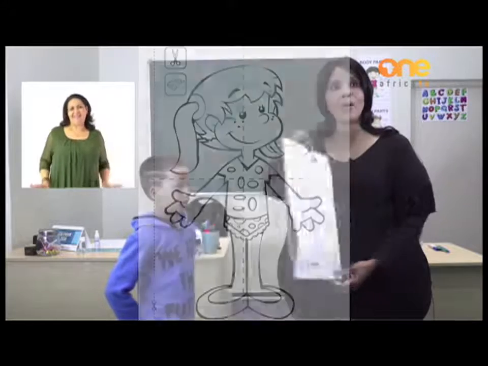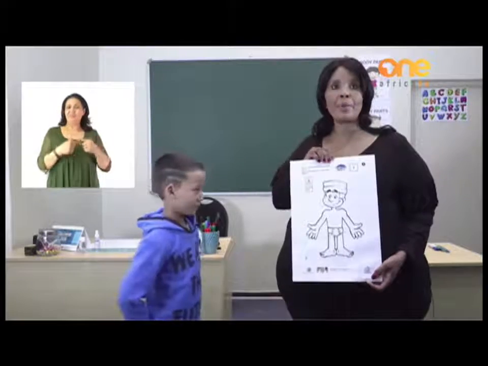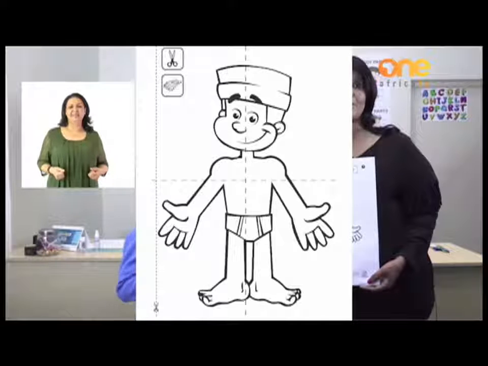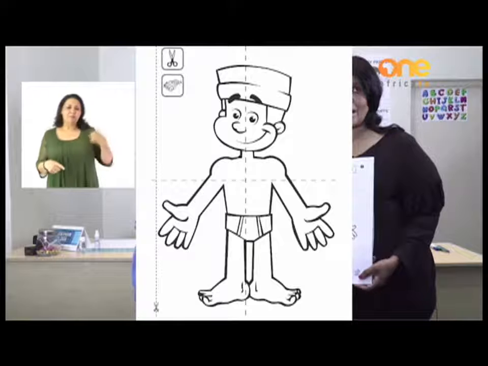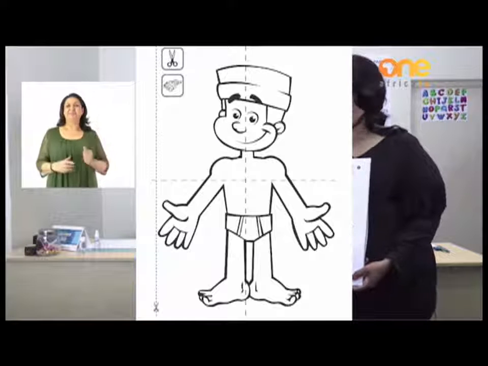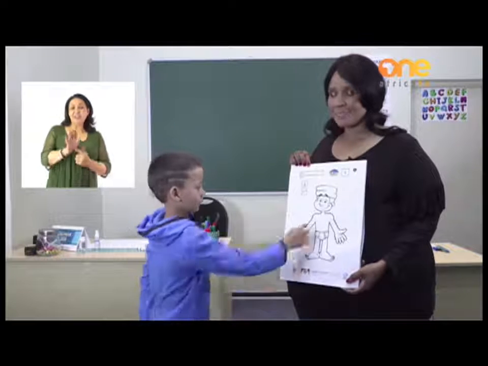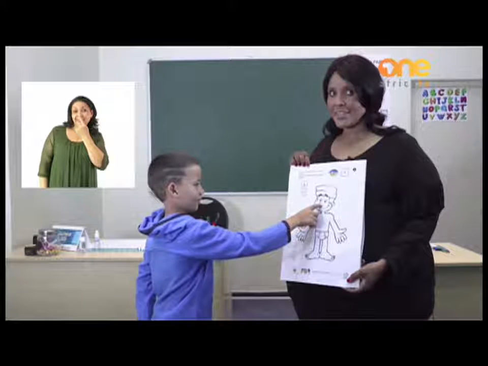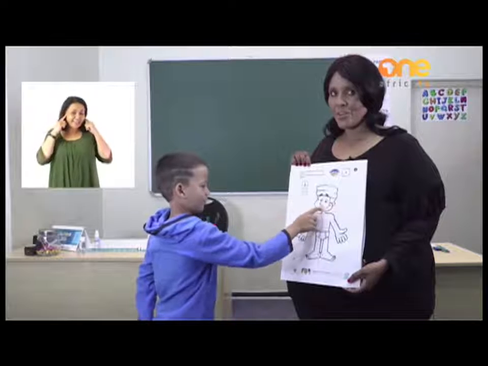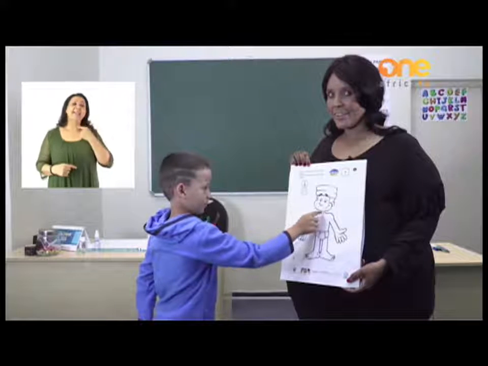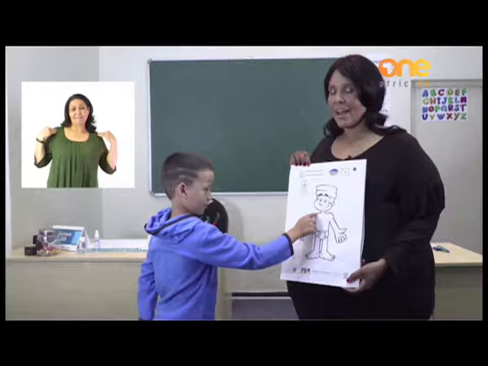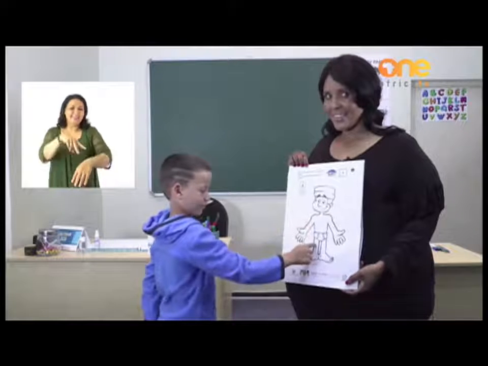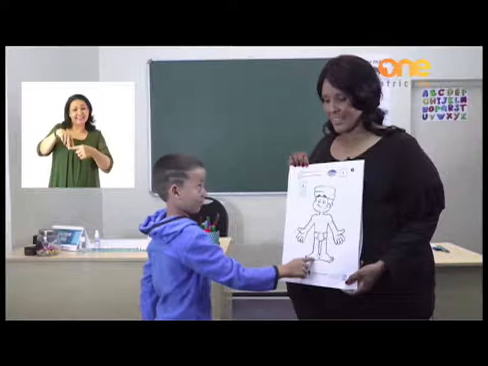Now we go back to our first page, where we have the picture of the boy. I want us to identify the different body parts on this picture. Can you please point to the eyes, to the nose, to the ears, the mouth, the neck, the shoulders, the arms, the legs, and the feet.